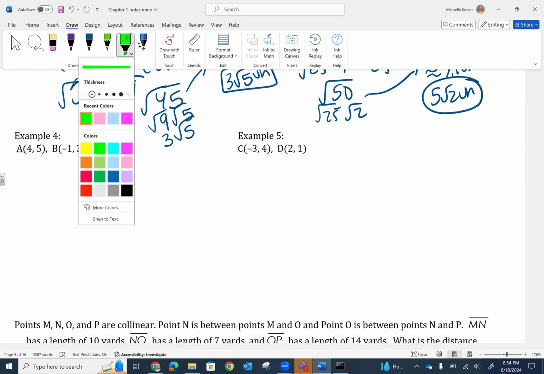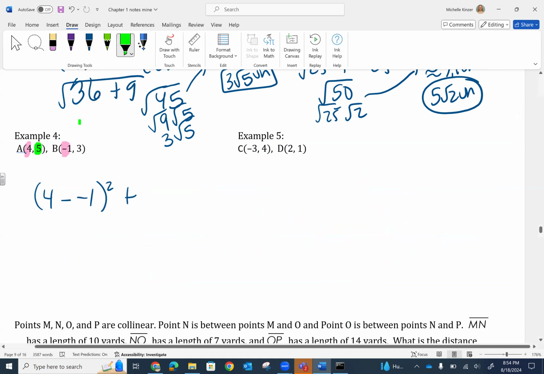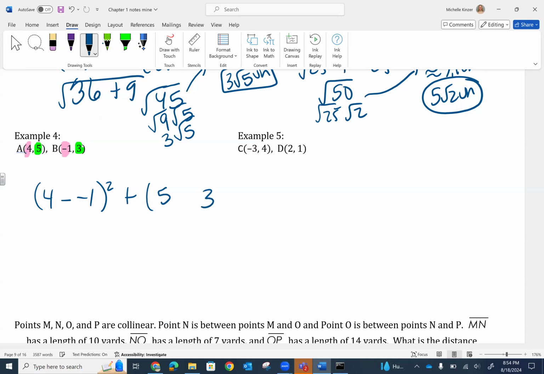We're going to take both x's and write them down with a subtraction sign between. So we're going to do 4 and -1, add a subtraction sign, square it. Take both y's, 5 and 3, put a subtraction sign between it.